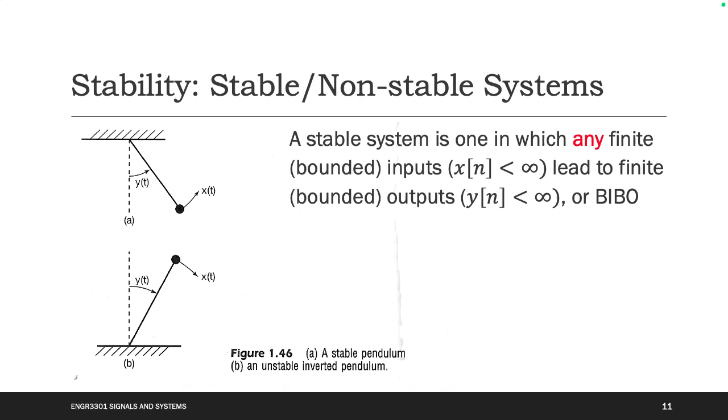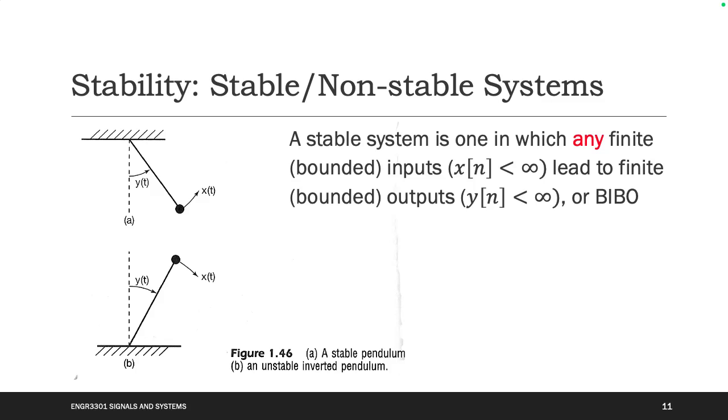property, stability. Stability means that if we want to tell whether a system is stable or non-stable, a stable system is one in which any finite input, we can also say bounded input, which means your input has some range of values, am I right?